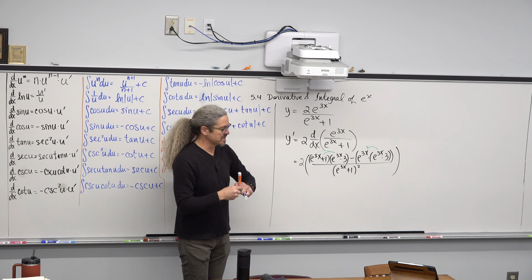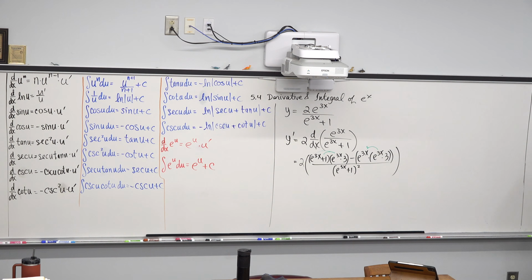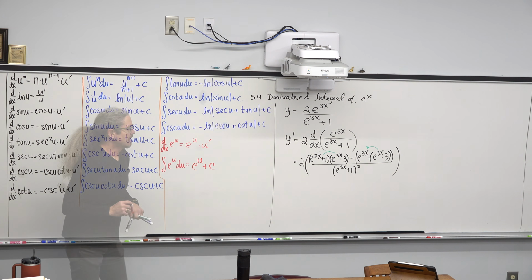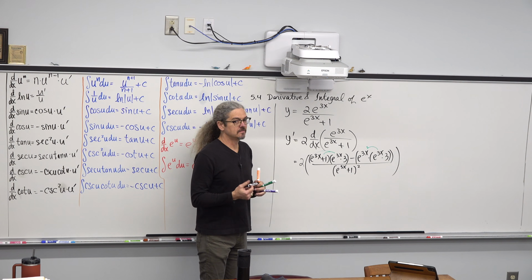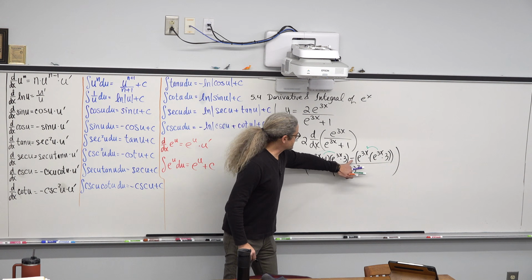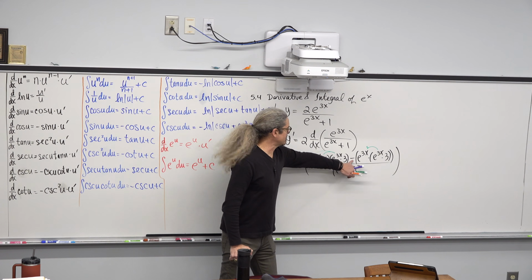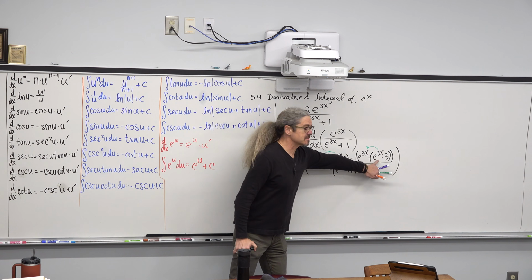But since we are in calculus and we're not through with our journey yet and everything's going to continue to become more complicated, I would like to emphasize one of our favorite words in math, the F word, factoring. These two terms both have a common factor of 3e to the 3x.